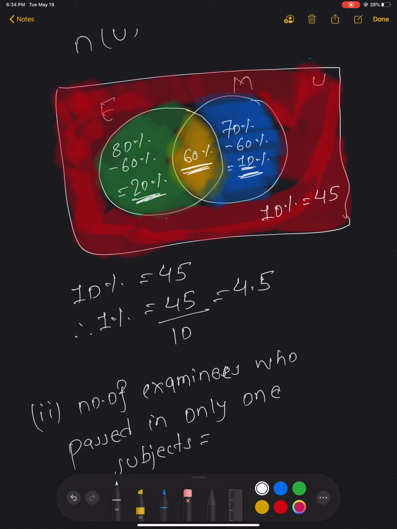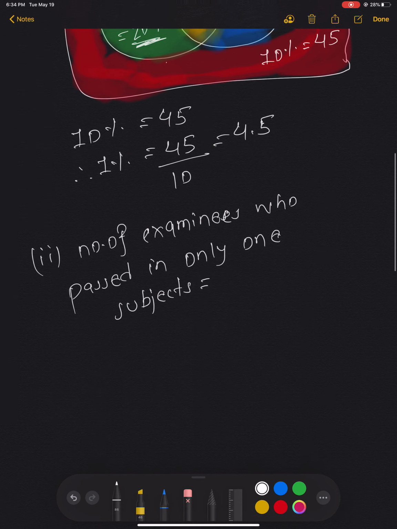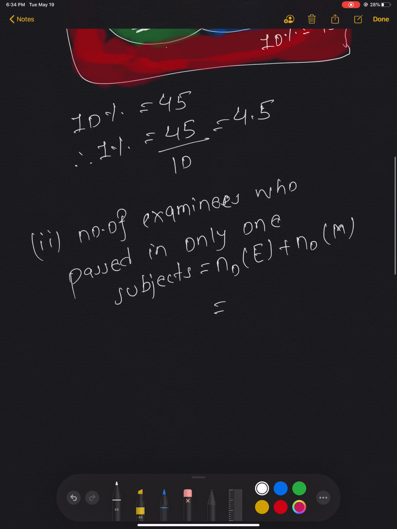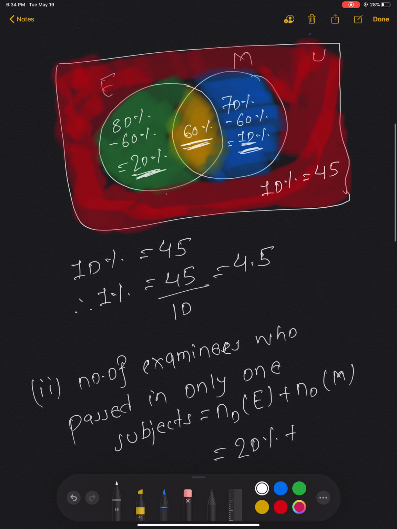the green shaded part, the 20%, and the blue shaded part, that is n only M and n only E. That means students who passed only in English and students who passed only in mathematics. So n only E is 20%, and n only M is 10%.